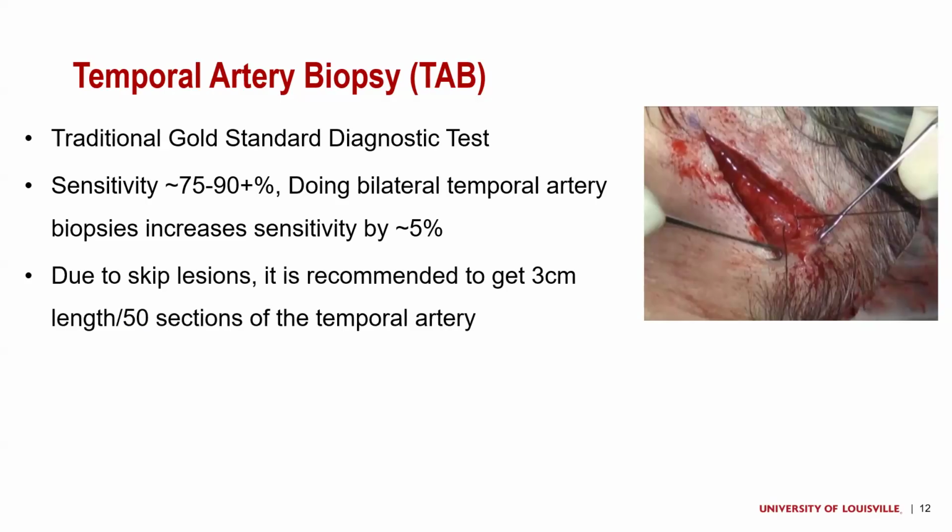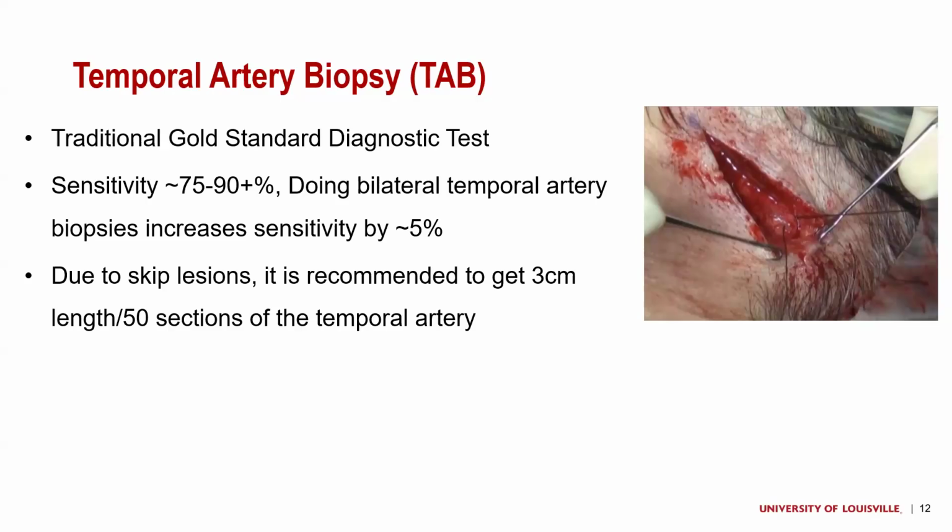Now, there's a few things to note. This is something that's been historically taught, and anyone who is familiar with giant cell arteritis probably passes this knowledge along. But giant cell arteritis can affect any artery with a prominent internal elastic lamina. It's not always going to be the temporal artery. It could not affect the temporal artery at all. It can also tend to have skip lesions where it will affect part of the artery, but then other parts of the artery close by will not be affected.